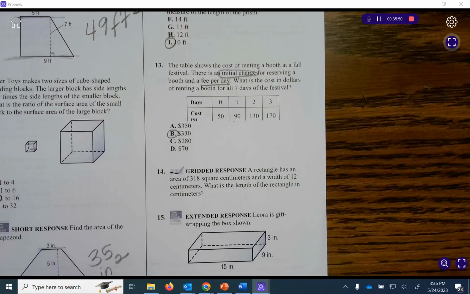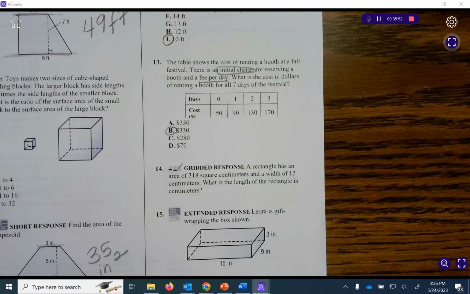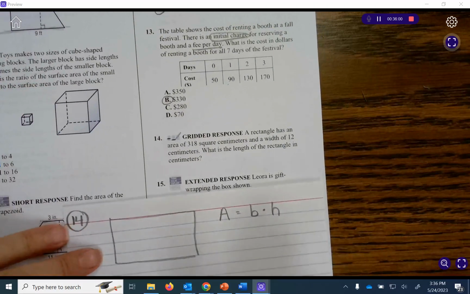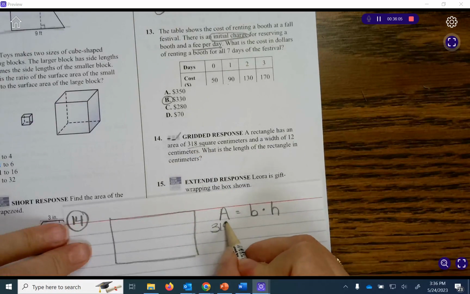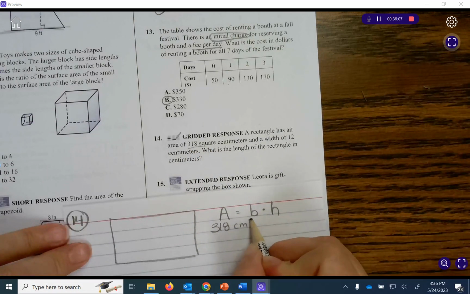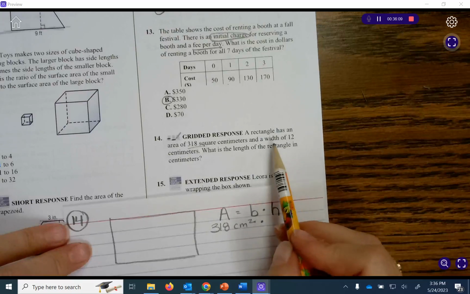Question 14, a rectangle has an area of 318 square centimeters and a width of 12 centimeters. What is the length of the rectangle in centimeters? So we have the area is 318 centimeters squared.